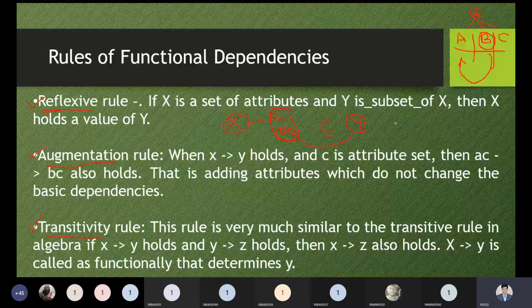So the room relation will keep the information about the chair relation. So we can say chair is a subset of the room. This information can be understood by the reflexive rule. So this is the point.